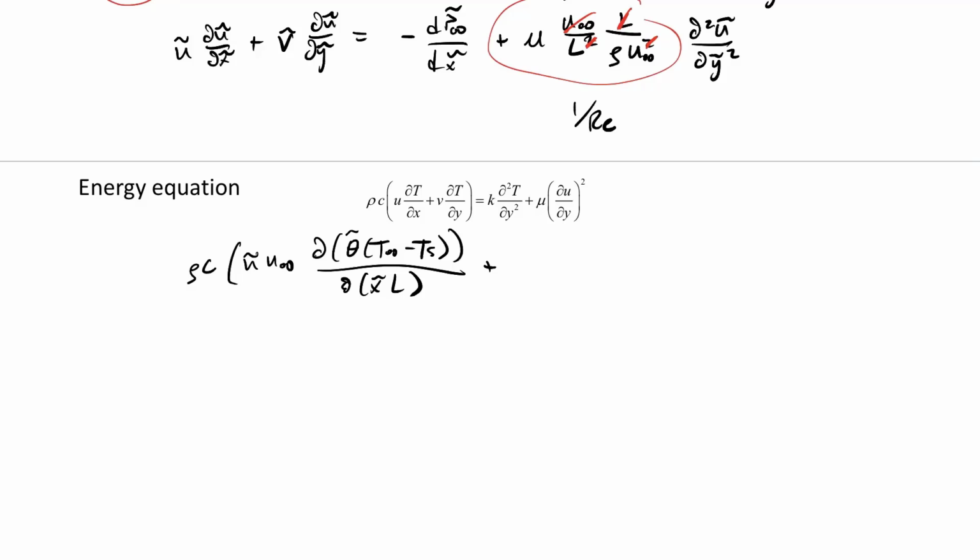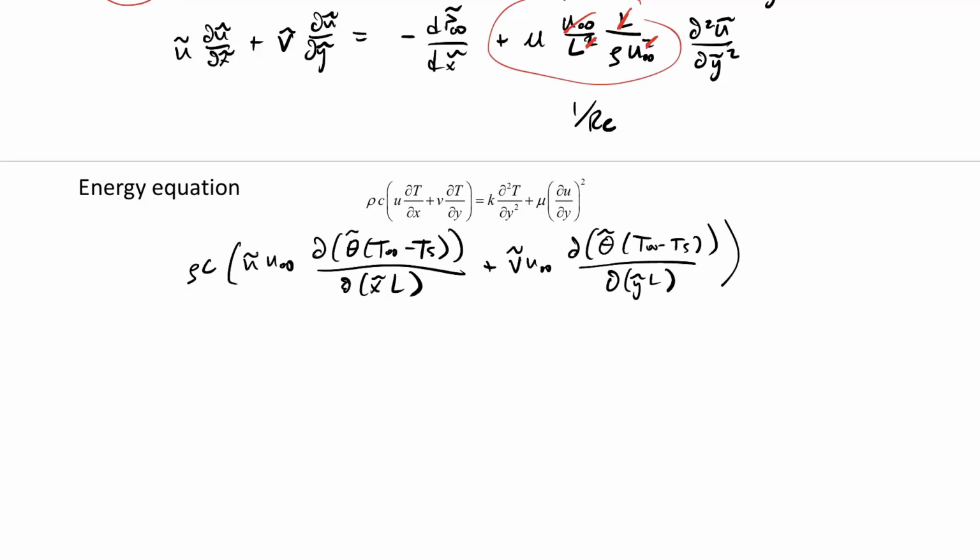Then we have V tilde U infinity, our second substitution, d of theta, T infinity minus TS, divided by d y tilde L.